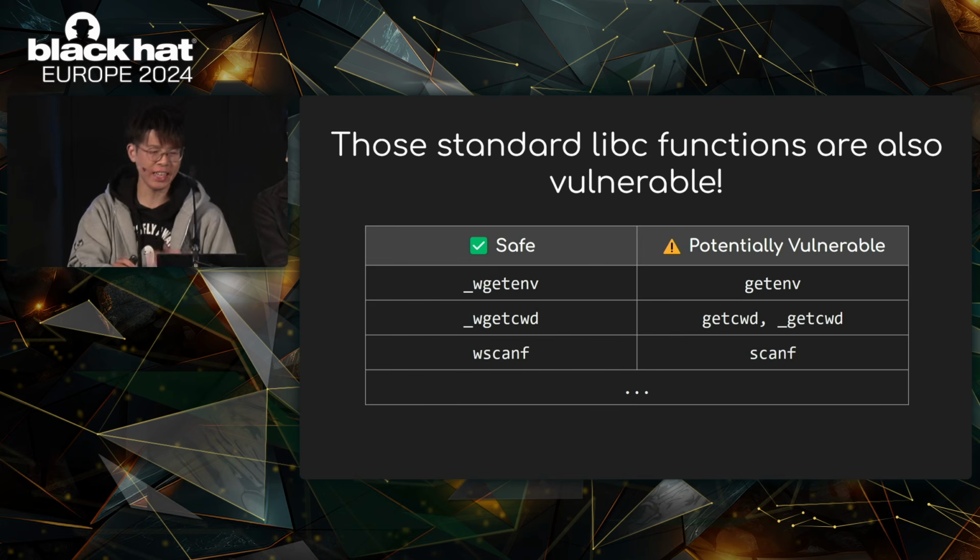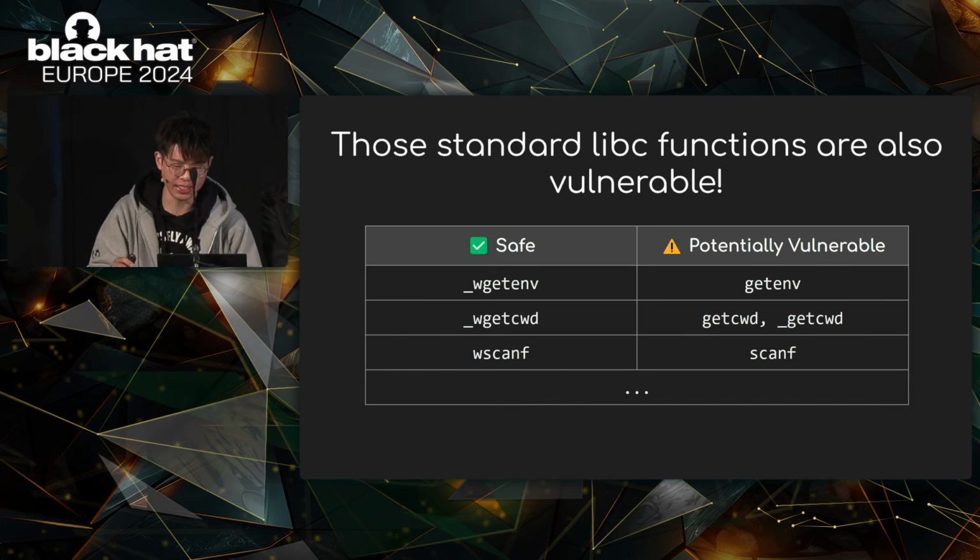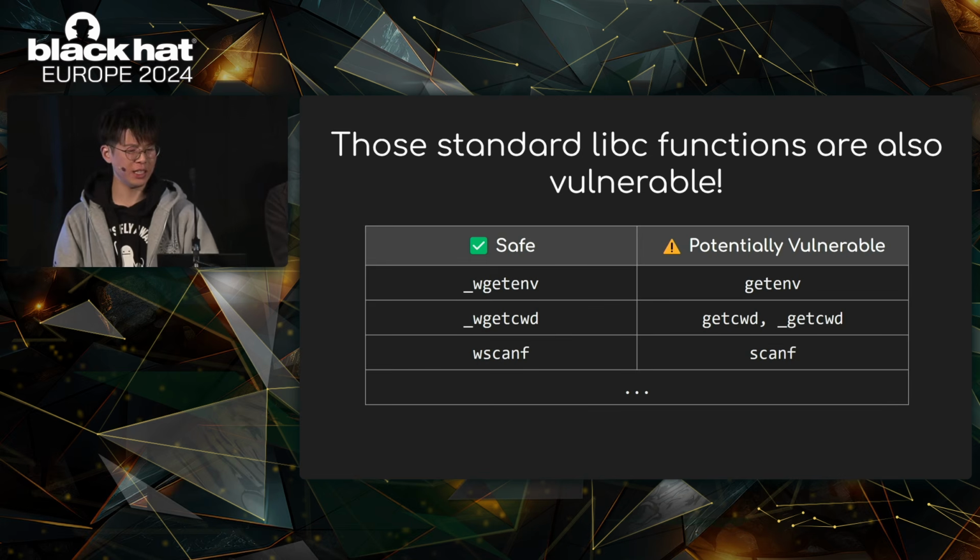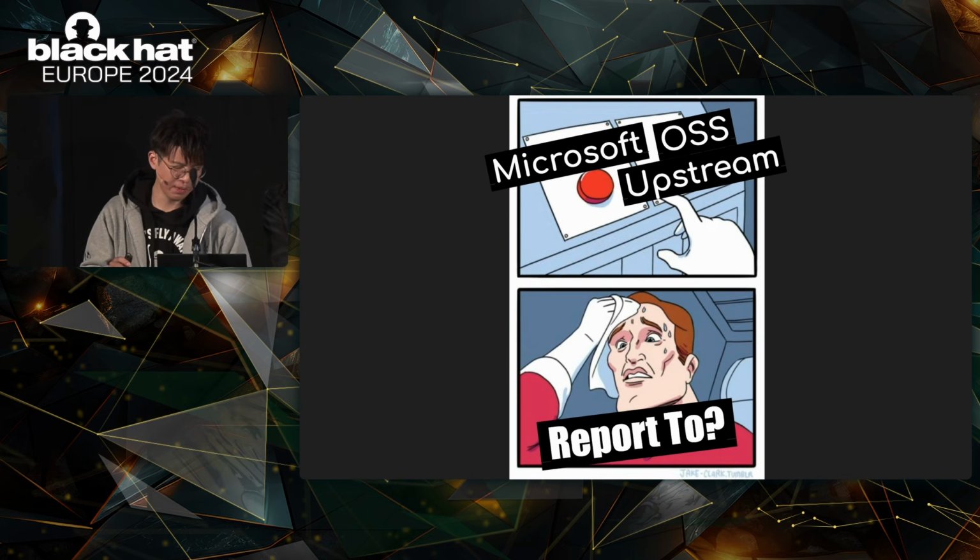So, to fix everything, you have to replace all functions with their wide character version, which is painful. So who is responsible for that? Is it an issue with the compiler and runtime provided by Microsoft, or is it the developer's problem for not using the wide character API?